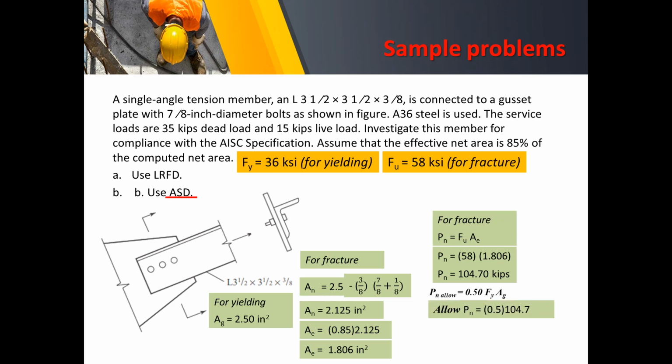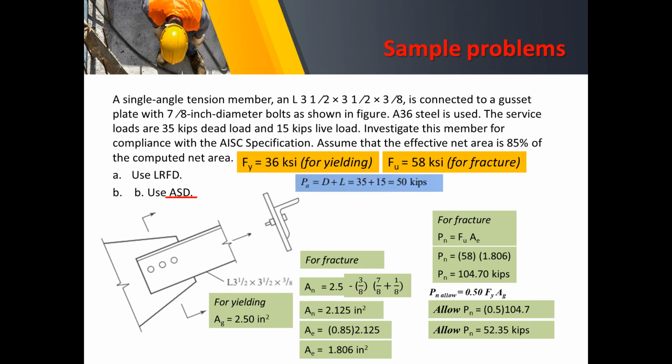Therefore, the allowable load will be equal to 50% of your FUAE. Let me correct this, FUAE. 0.5 of 104.7 is 52.35 kips.